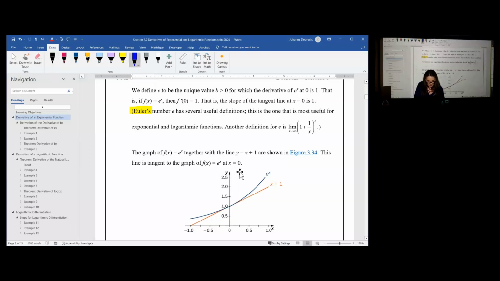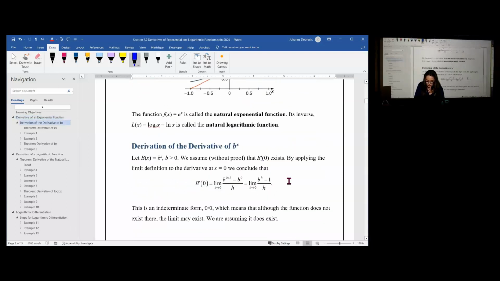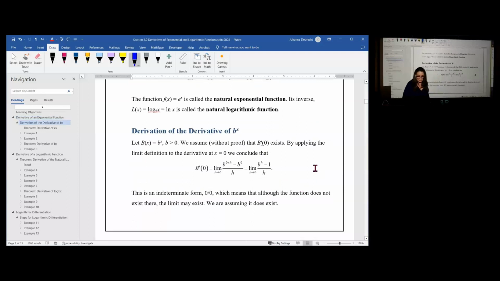Now we want to go ahead and talk about the derivative. e to the x is called the natural exponential function. The natural because it's the natural base. When something grows exponentially fast, the best base to use is e. Not 5, not 3, but e. e to a power represents this exponential growth or decay, like in radioactivity.